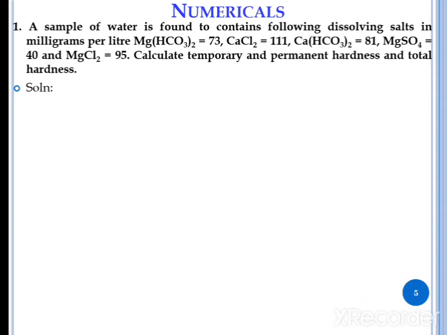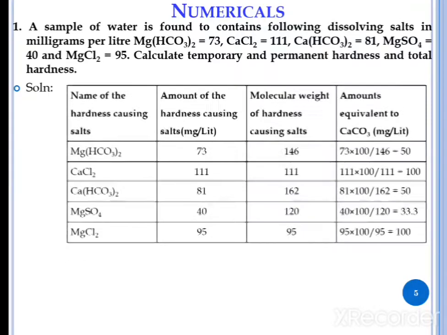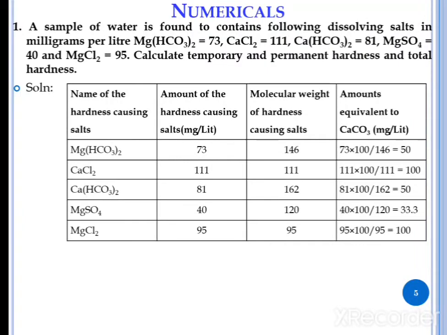To calculate this, what we have to do is first draw a table, and by using the multiplication factor, convert these values into the CaCO3 equivalent. Okay, so let us see how. Draw a table like that.